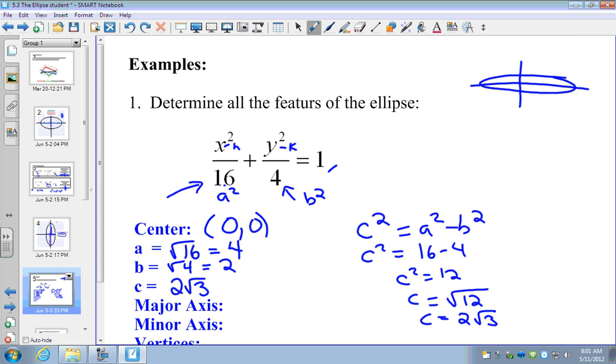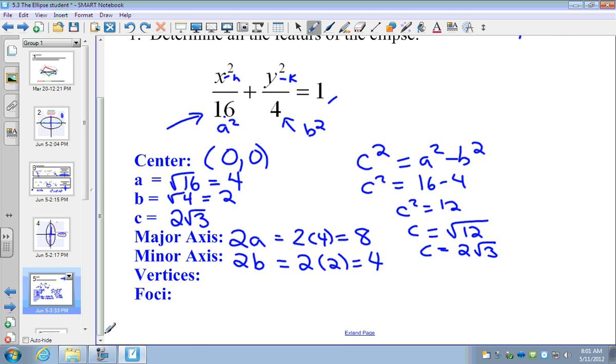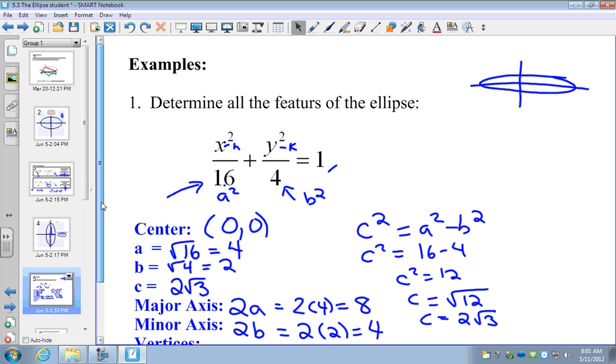Okay, the major axis. Remember, the major axis length was 2a, so that's 2 times 4, which is equal to 8. The minor axis length was 2b, which is 2 times 2, which is 4. Okay, the vertices. Let's look back to our quick little diagram.